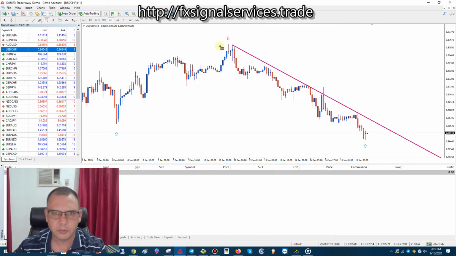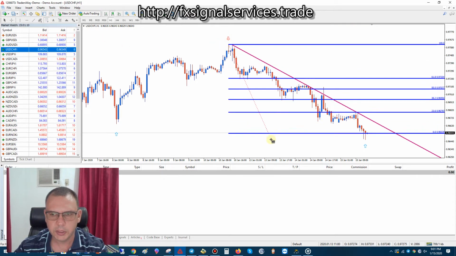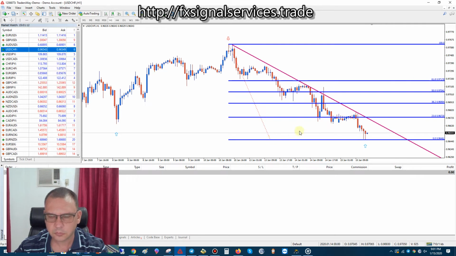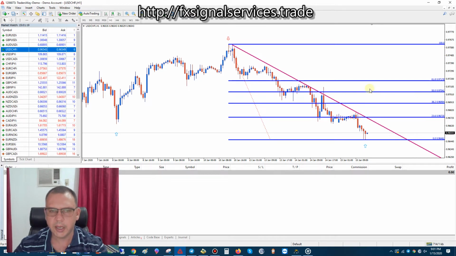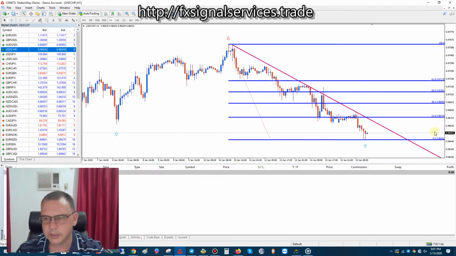You can also draw a Fibonacci from this point down to this point, and where the 23.6 level crosses the trend line, I call that X marks the spot. That's about where this is going to break.